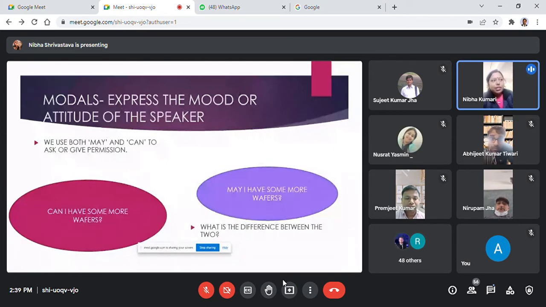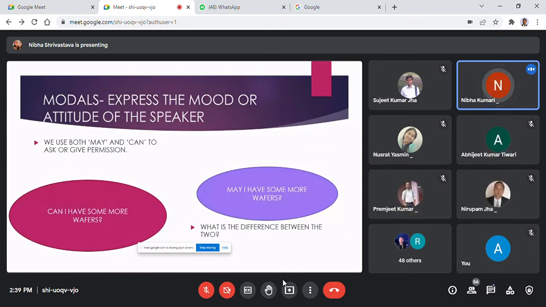We say, may I come in? Sometimes students in the classroom ask, can I come in? Can I have some more wafers, or may I have some more wafers? When both are used to seek permission, what is the difference between the two?